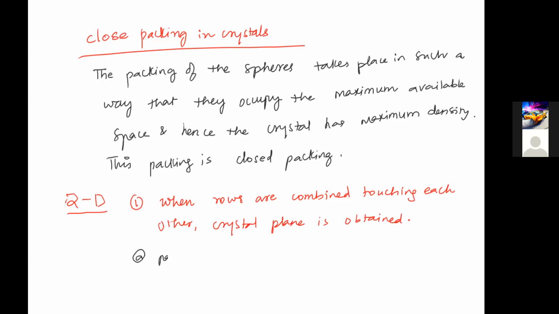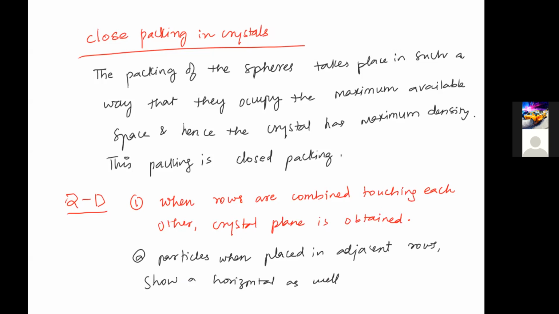One, the particles, when they are placed in the adjacent rows, show a horizontal as well as vertical alignment and form squares. So this is called square close packing.